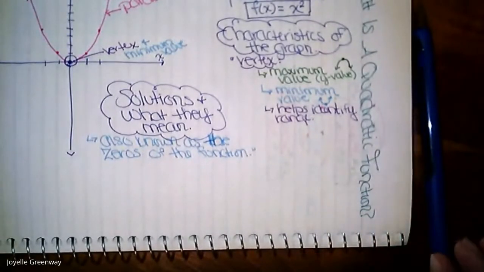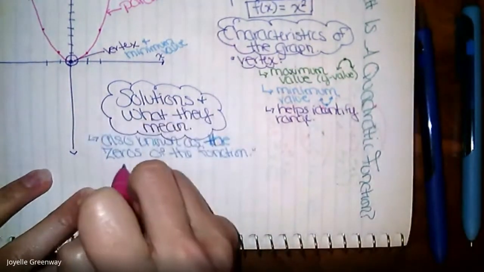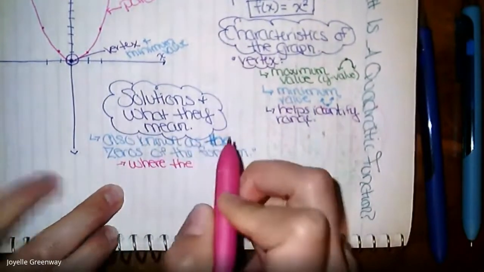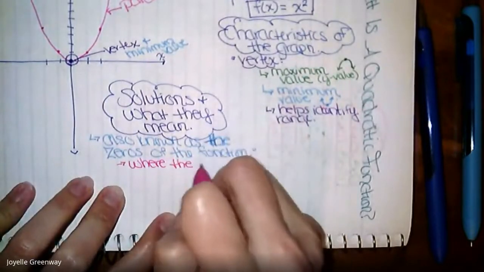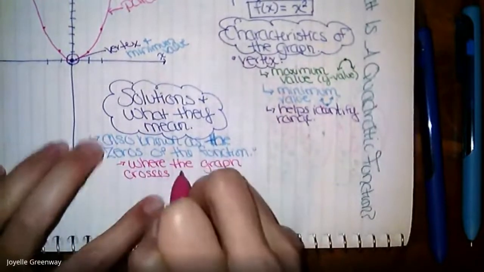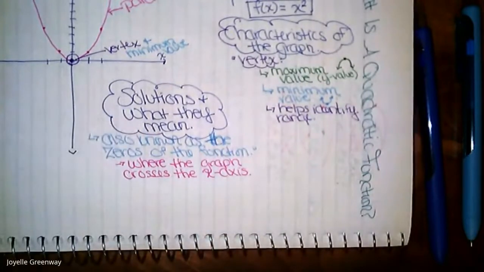So when you solve a quadratic, you are finding the zeros for that function. Awesome, Mrs. Greenway. What does that mean? Very good question. This is where the graph or the parabola crosses the x-axis. Okay? So where the graph is going to cross your x-axis.